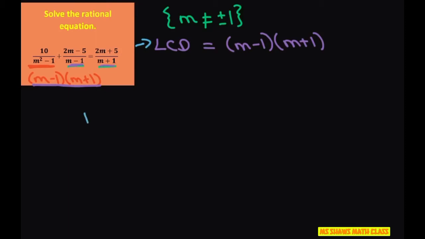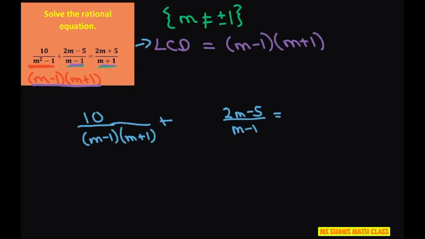So I'm going to write out my equation. 10 divided by m minus 1 times m plus 1, plus, I'm going to scoot this over, 2m minus 5 divided by m minus 1, equals 2m plus 5 divided by m plus 1.